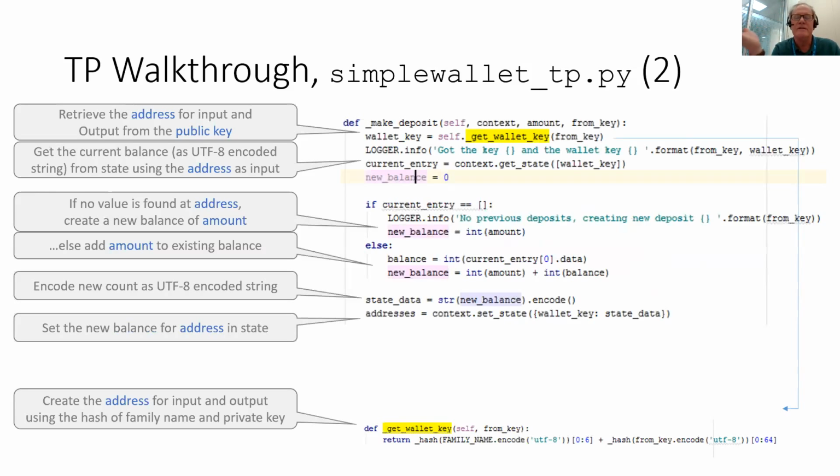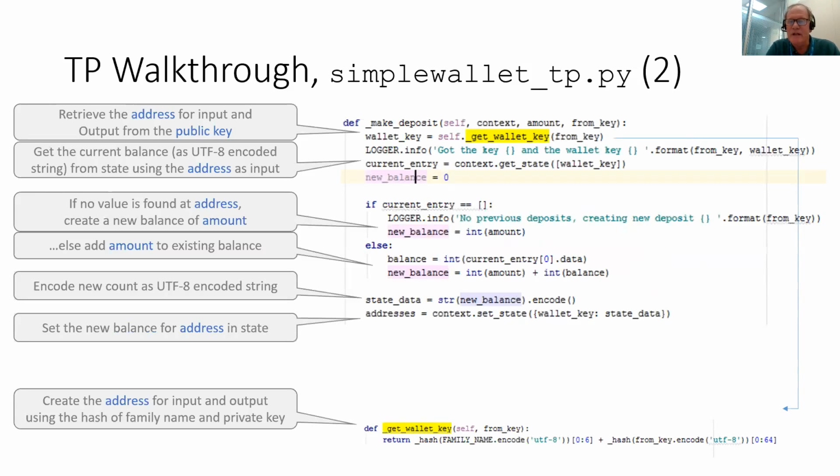The wallet key is the 6-character prefix for this transaction family, and the remaining 64 hex characters are just the 64 characters of the hash of the public key. And your application could use any other addressing mechanism it wants for that transaction family.